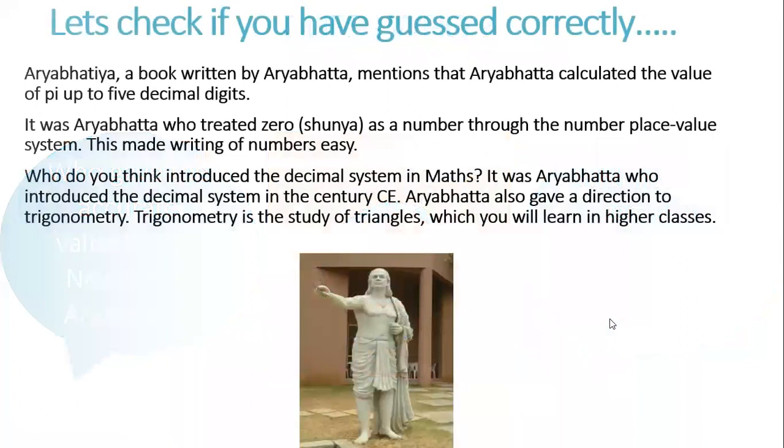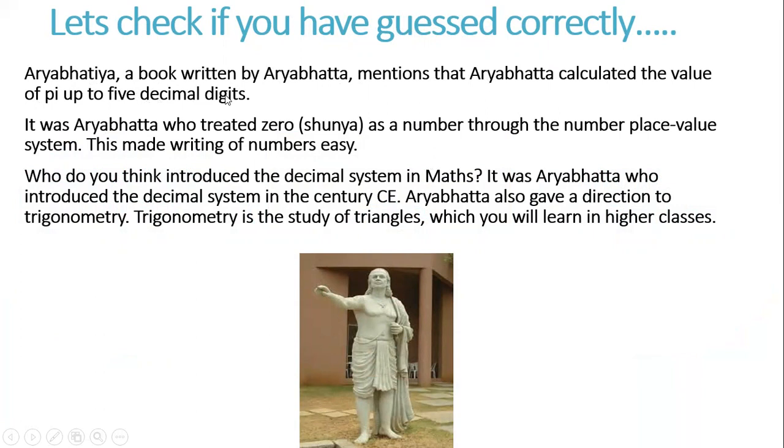Well, we have very, very sharp minded people in our India. Aryabhatta was one of them. Aryabhatiya, a book written by Aryabhatta, mentions that Aryabhatta calculated the value of pi up to 5 decimal digits. Can you believe?